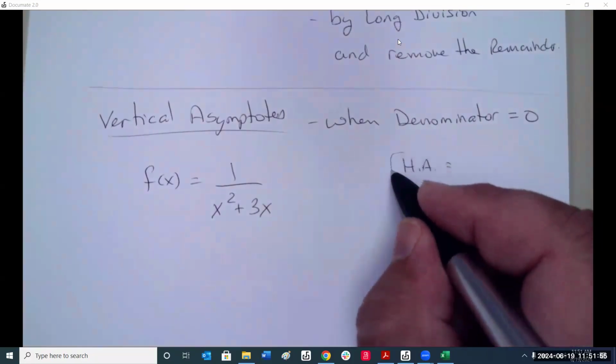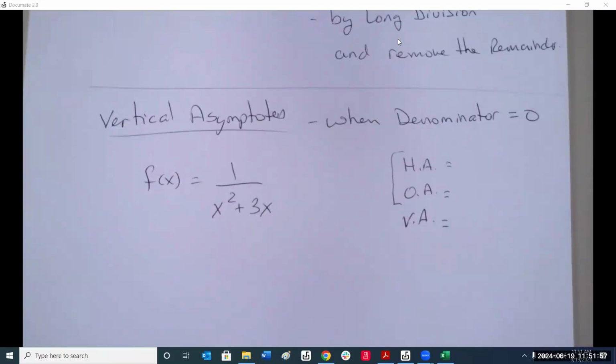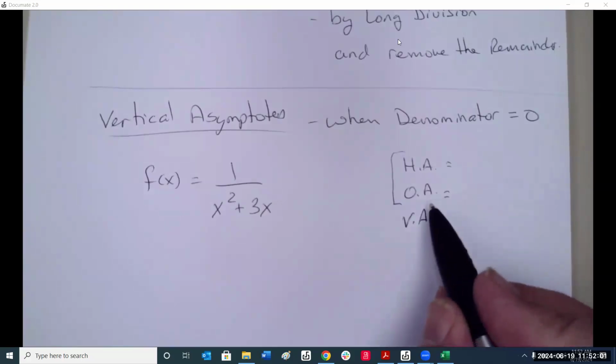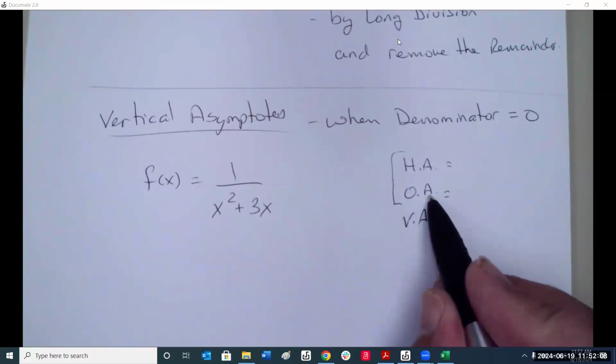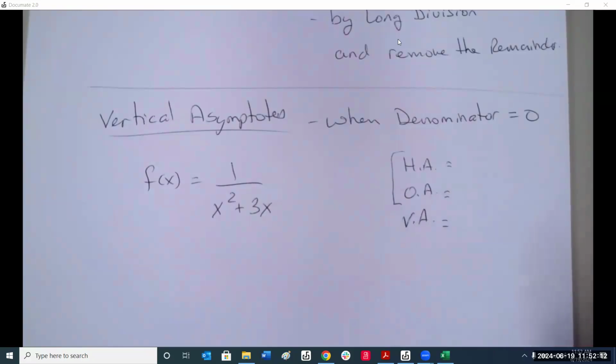Well, we can only have one or the other. You cannot have them both for the horizontal and oblique. What determines an oblique asymptote? Yeah, if the degree of the top is bigger than the degree of the bottom by 1.